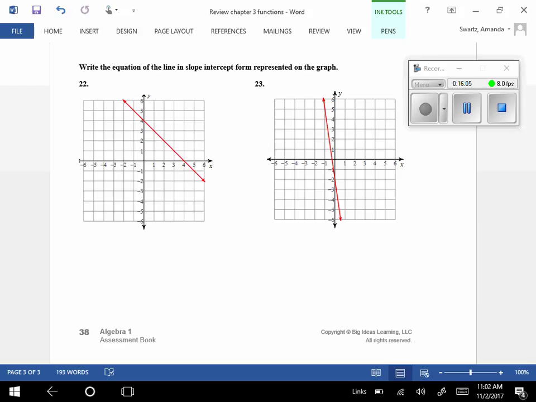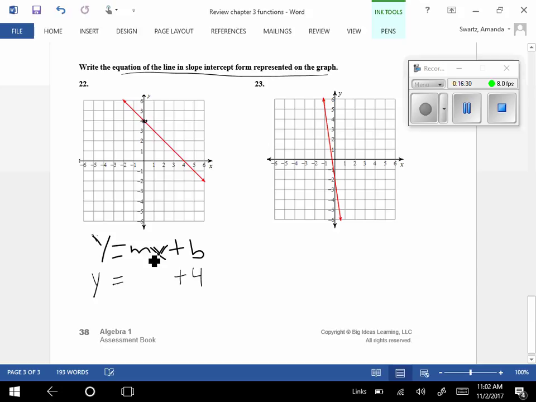Okay, so with these, it says write an equation in slope-intercept form. So you need to write an equation in the form y equals mx plus b. So first you need to figure out your b. Well, your b is your y-intercept. Where does it hit the y-axis? It hits it at 4, so that's going to be our b.